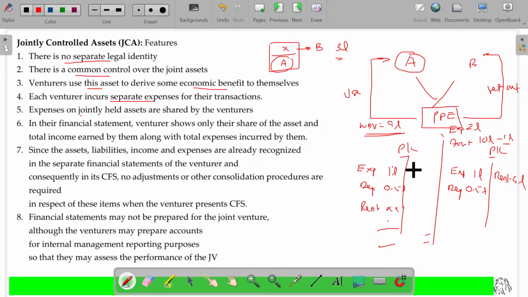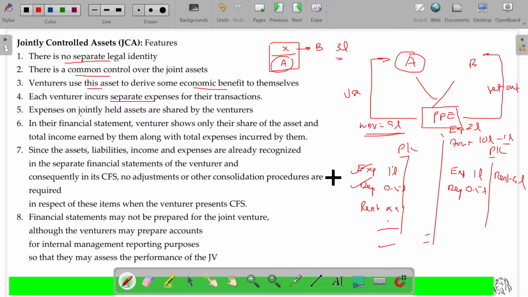And how is this going to be shown in the P&L account of A as well as B? In A, the expenses incurred for jointly controlled assets by A as well as depreciation for the assets. And of course, because of using the property for his own business, he need not pay any rental expenses. There is savings in rent.